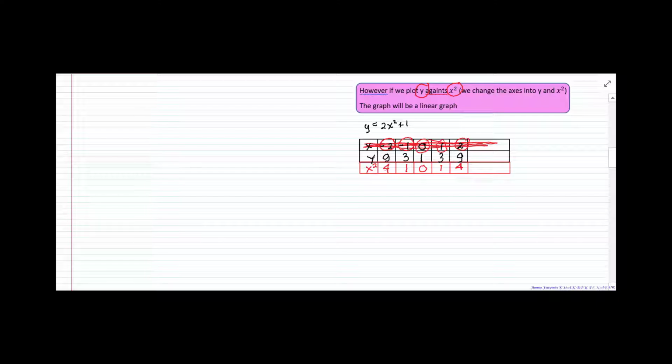All we need is y and x squared. Now let's plot the points. Because x squared is on the x-axis, the points will be (4, 9), then (1, 3), then (0, 1), then (1, 3), then (4, 9).